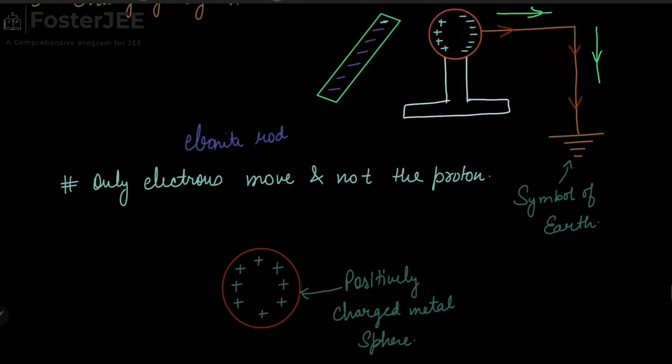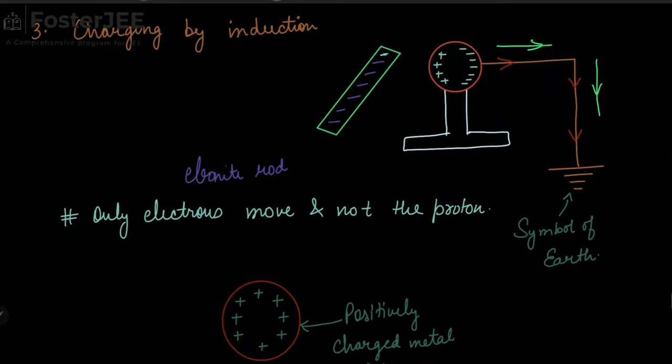Now, we can see in this method, charging by induction, we took a charged ebonite rod, we took it closer to an isolated metal sphere. Now, after coming closer, the charges will get separated. We will connect the negative part of the sphere with the earth, due to which some negative charge will flow into the earth.